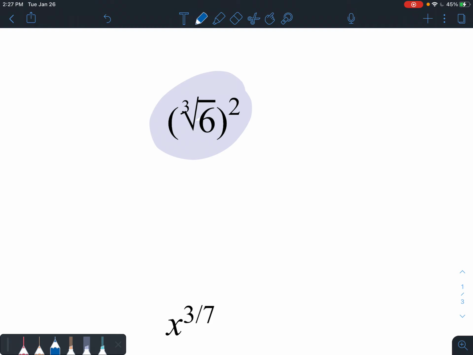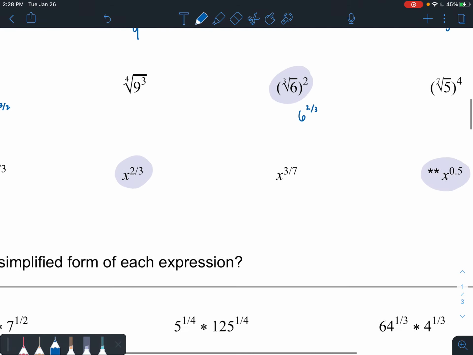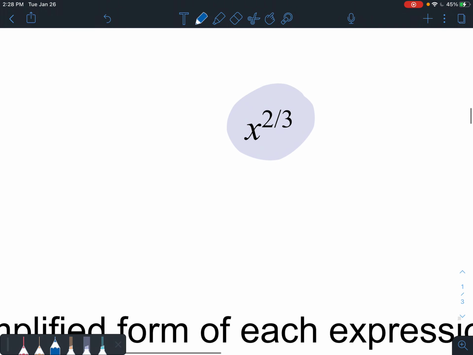This next one, I have an exponent. So it's the cube root of 6 squared. I have an exponent of 2 and a cube root of 3. So I have 6 to the 2/3. And then this one, we're going to go the opposite way.